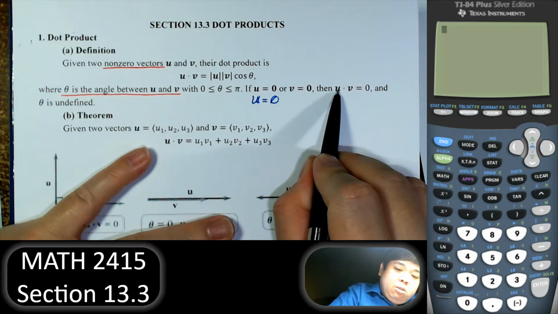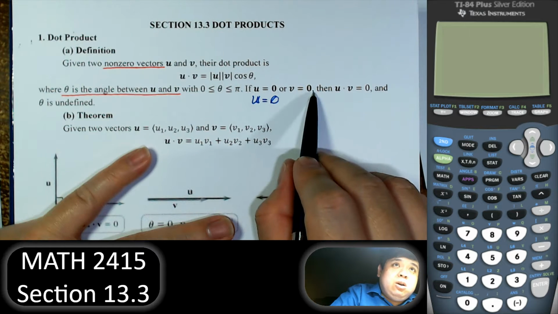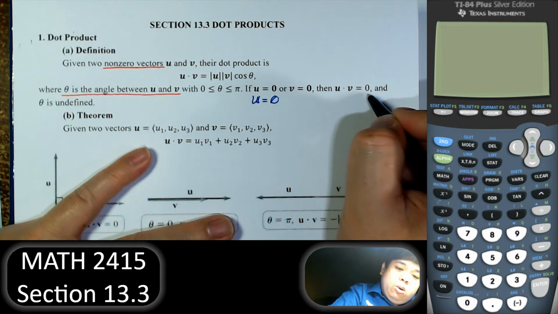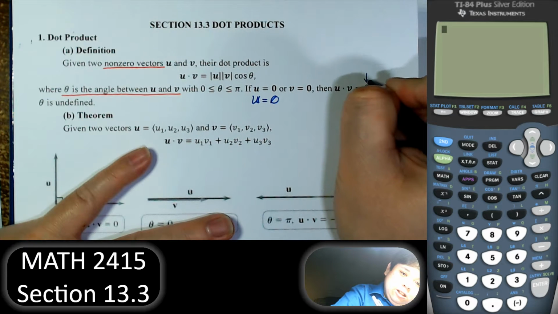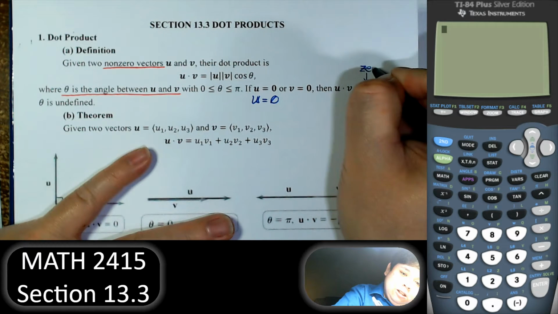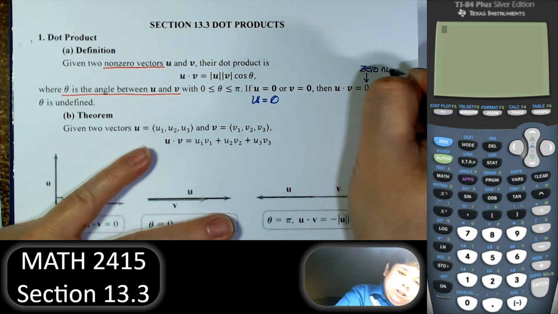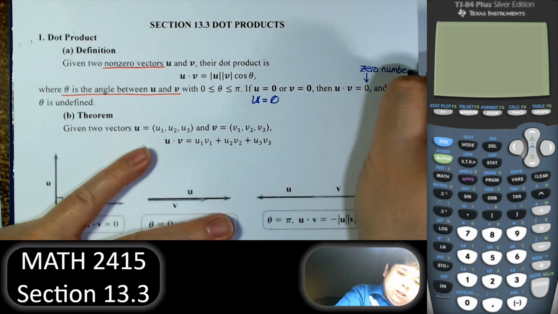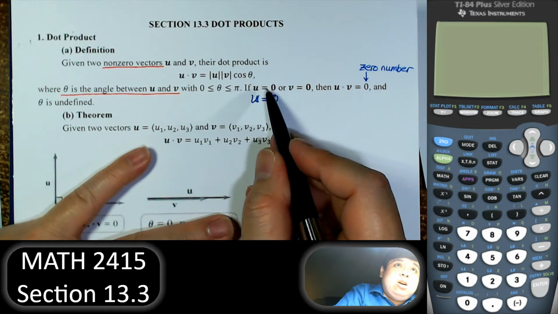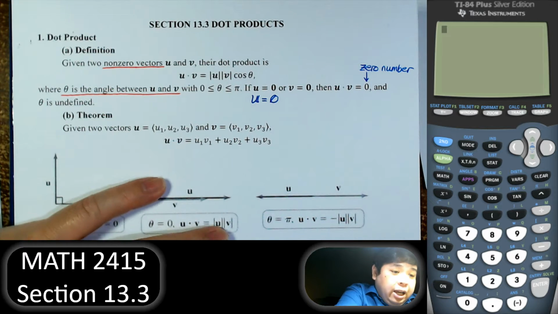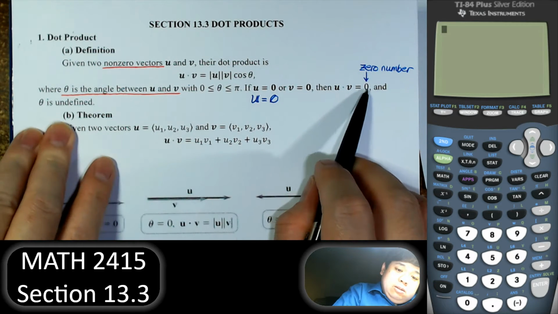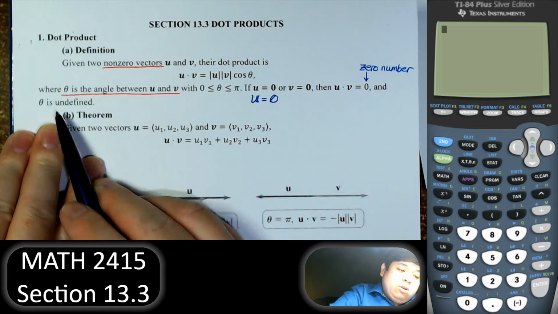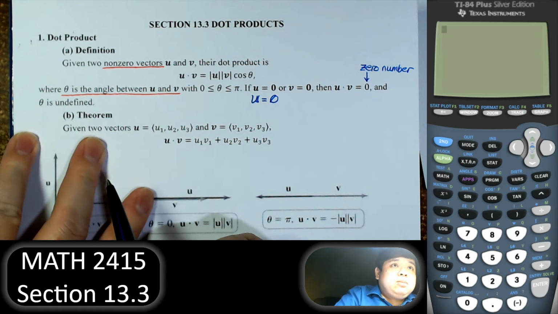And then the dot product of u and v, if one of them is 0, is equal to a 0 number. So notice that this is a 0 number, whereas this is a 0 vector. And of course, if one of them is 0, the angle is undefined.